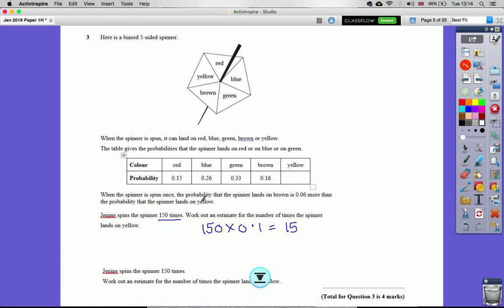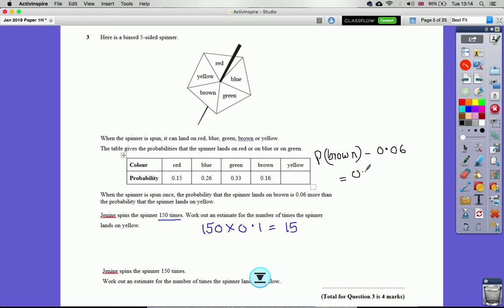The probability the spinner lands on brown is 0.06 more than the probability it lands on yellow. In this case, if you want to work out the probability of yellow, you have to do brown minus 0.06.